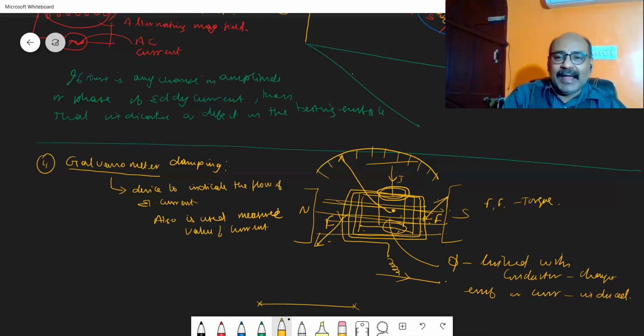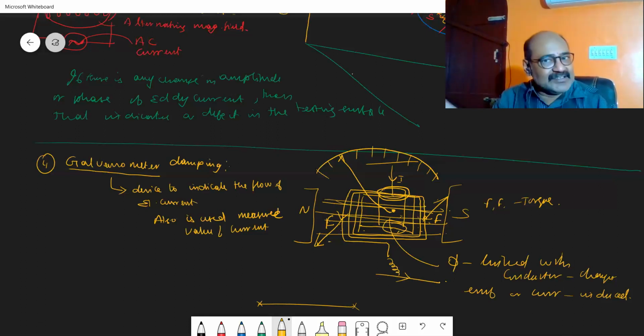In order to make the oscillating coil come to rest position or to damp immediately, we use eddy currents. The eddy currents developed inside that solid conductor are in the direction opposite to the direction in which the flux changes. The current induced is opposite to the direction of the oscillating coil.